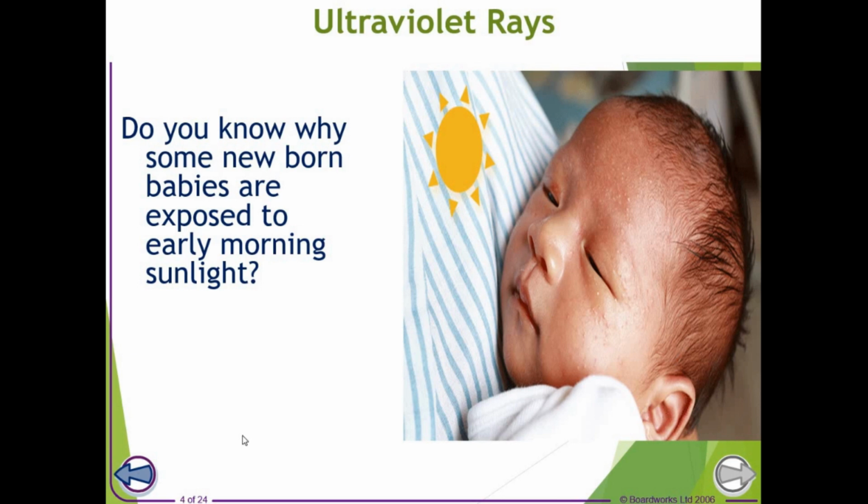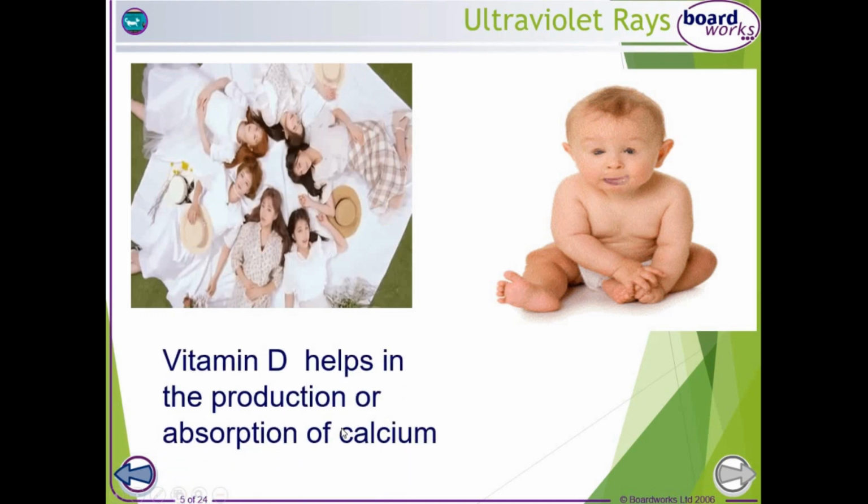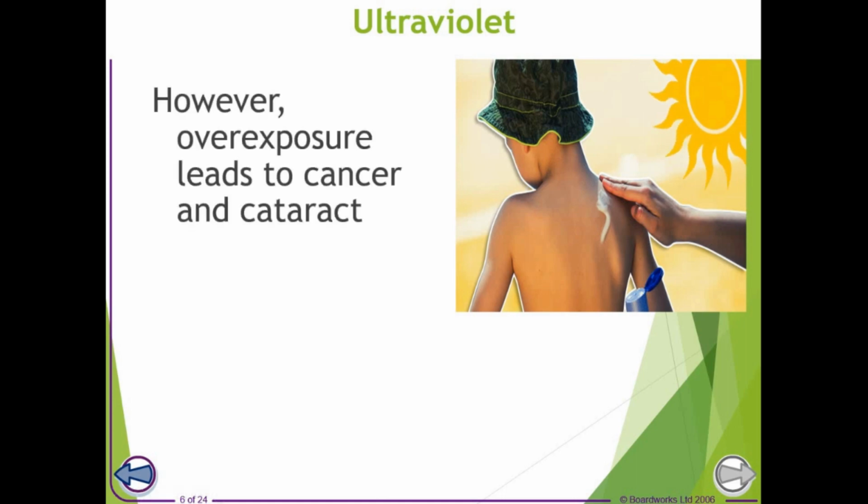And absorption of small doses of UV rays by the human body is important because it plays an important role in the production of vitamin D. And vitamin D helps in the production or absorption of calcium. However, overexposure leads to cancer and cataract.